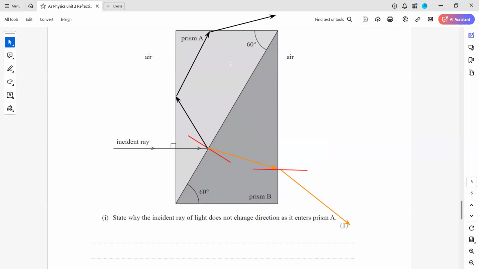If you leave this ray from here, moving from glass to air and bending away from the normal, you will not score the mark. Why? Because usually for glass, 40 degrees you can take as the angle at which total reflection can take place. This angle appears more than 40. Even if you measure this, you will work out that it is more than 40.